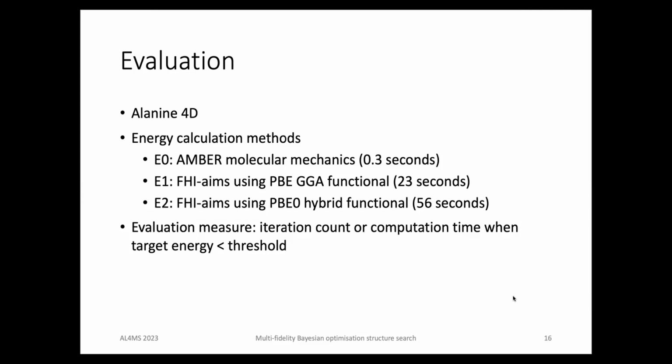And then we had 2 methods that use this FHI-aims, and these took 23 seconds and 56 seconds. And now our aim is to find the rotations that minimize energies calculated with this most expensive method, E2. And also when we do multitask optimization, we use these computation times as the costs.